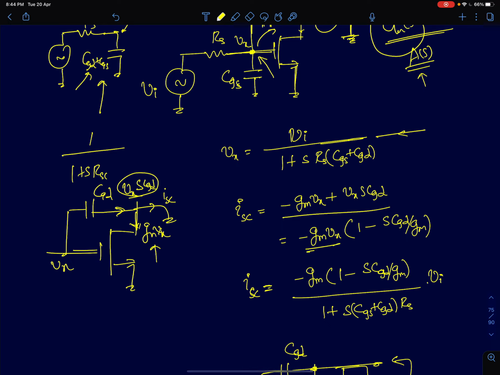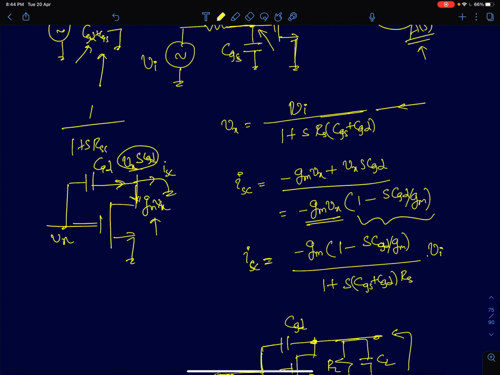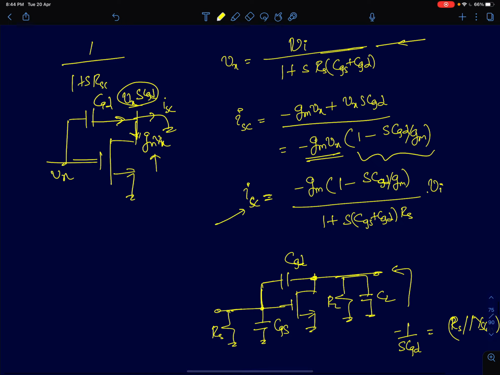So I've taken minus gmVx common out. You will get minus of gmVx into 1 minus sCGD by gm. So from this I get the short circuit current as minus of gm into 1 minus sCGD by gm, divided by 1 plus s(CGS plus CGD) into RS.